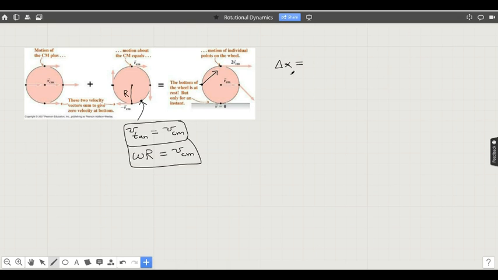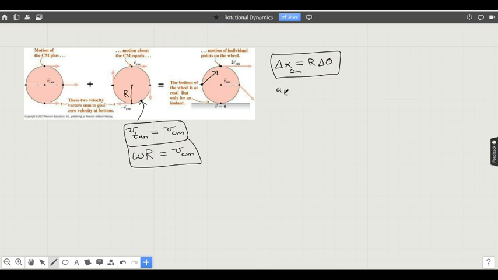Well, that x displacement for the center of mass of this thing would be equal to the arc length, which is r times the angular displacement. So the linear displacement is equal to the arc length, which is r times the angular displacement. This is another really important thing to keep in mind.